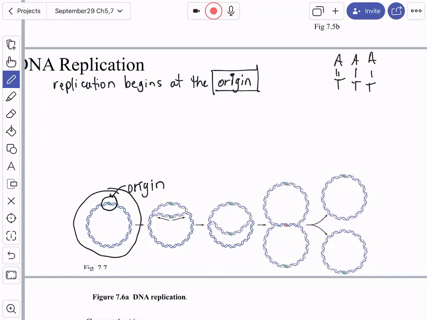There's 2 hydrogen bonds between those bases, the A's and the T's, and there's 3 hydrogen bonds between C's and G's. So if you had an area with lots of A's and T's, the enzyme that comes in and basically breaks those bonds can do that a little bit easier, okay?